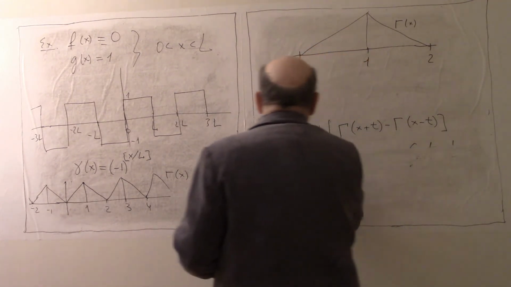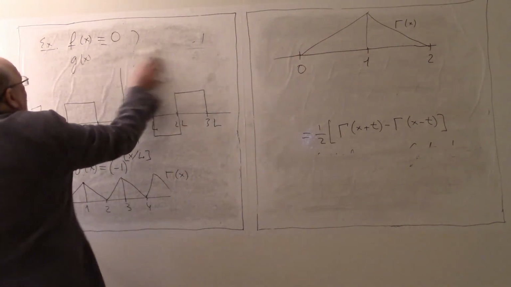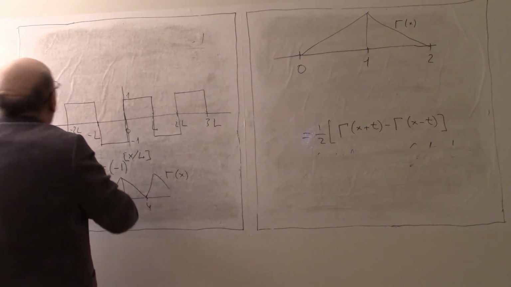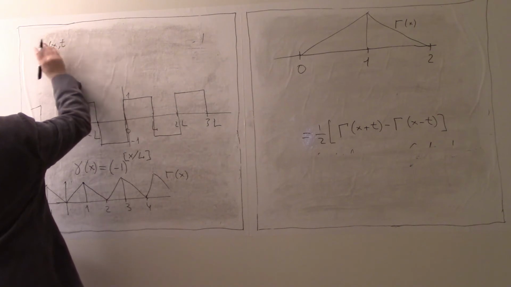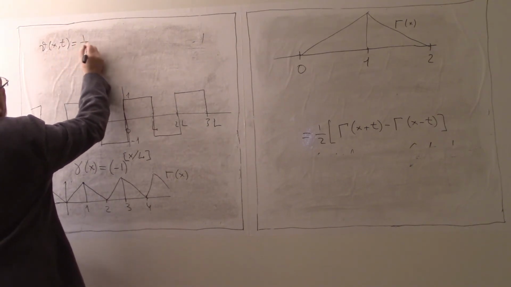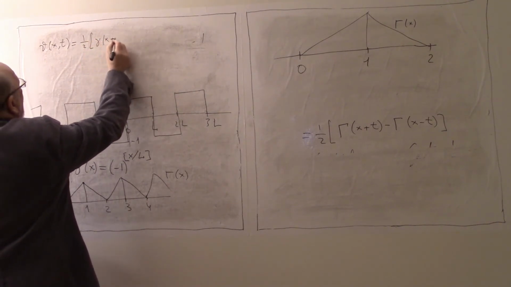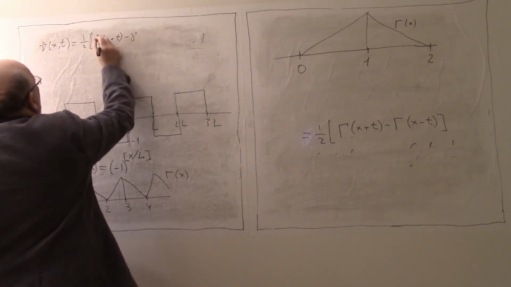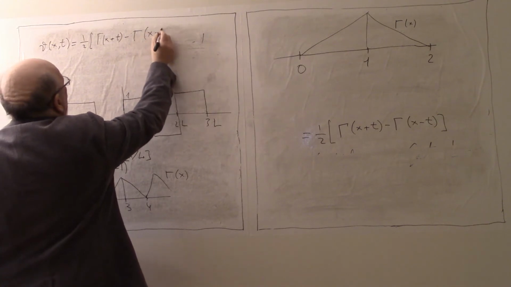Let me write it here. u of x, t equals 1/2 gamma of x plus t minus gamma of x minus t.